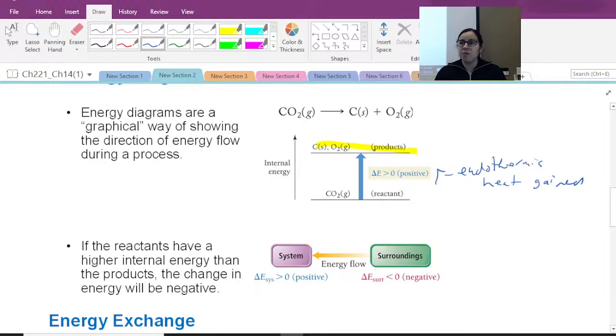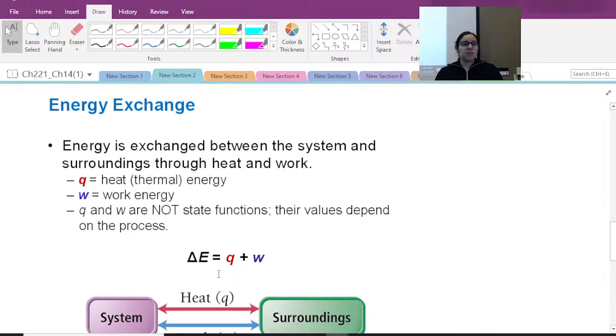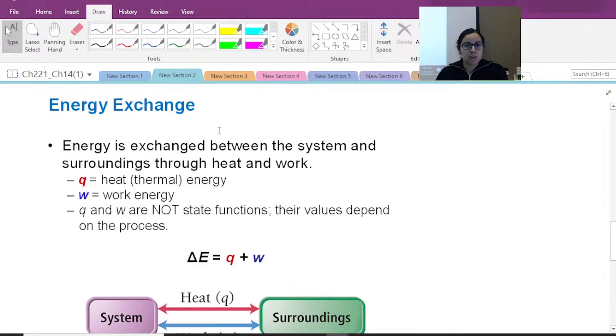You have your closed system of this reaction, and we feel we're losing energy, right? We're getting colder as that energy goes into the system. And so this means that energy can be exchanged between the system and the surroundings through heat and work.